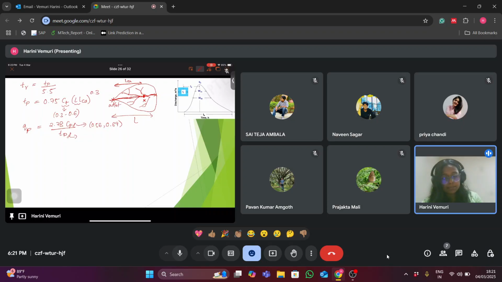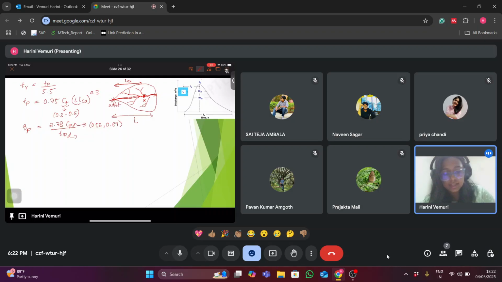So using Cp and Ct, we can obtain all these key elements of the hydrograph. Suppose we have a unit hydrograph for a smaller excess rainfall duration, small tr, and we want to calculate the unit hydrograph for a capital TR duration.